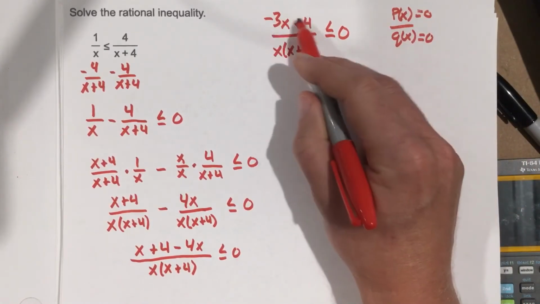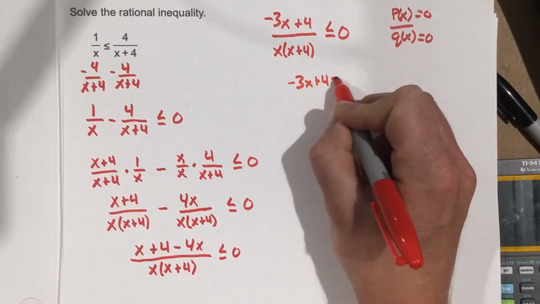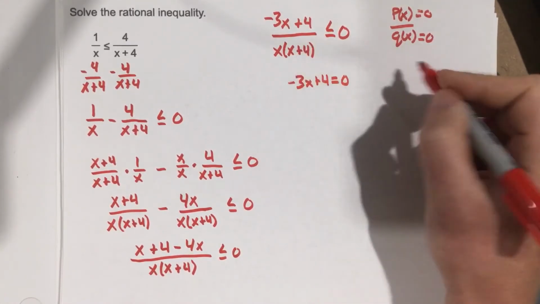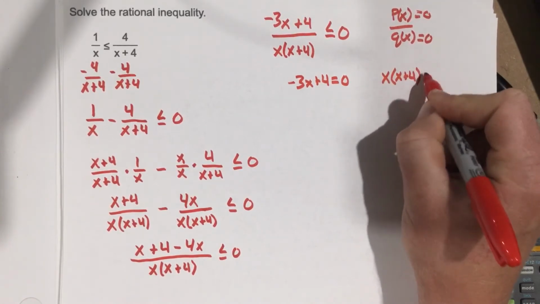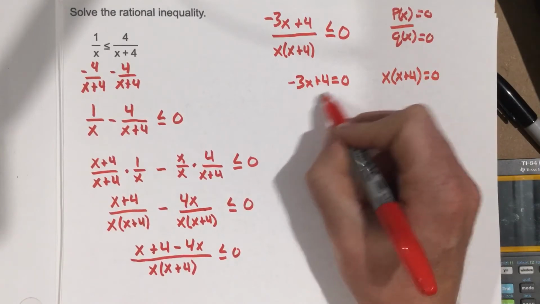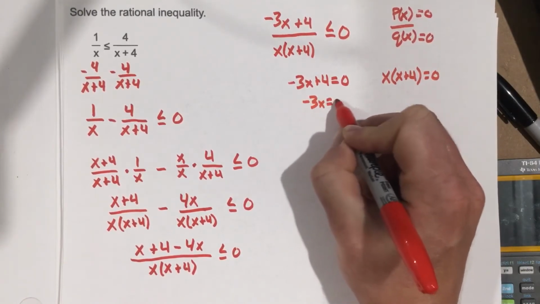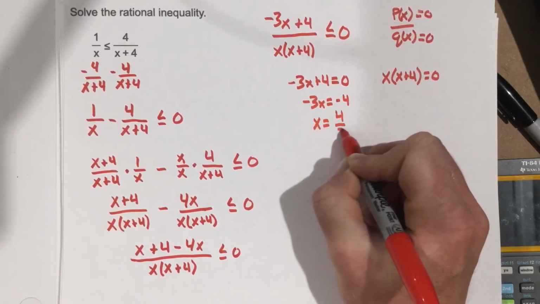We're going to set this equal to 0 and solve for x. And then we'll set this equal to 0 and solve for x here. When I do it here, I subtract the 4, so I get negative 3x equals negative 4. Divide by negative 3, I get x equals 4/3.